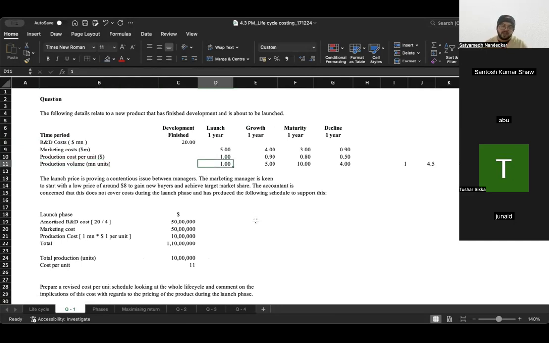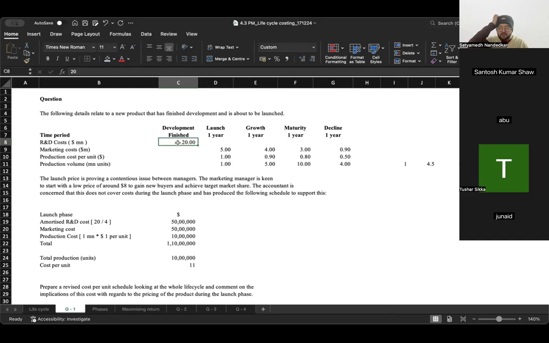The launch price is proving a contentious issue between managers. The marketing manager is keen to start with a low price of around 8 to gain new buyers and achieve target market share. The accountant is concerned that this does not cover costs during the launch phase and has produced the following schedule to support this. Launch phase, the amortized R&D cost. This is your total research and development.